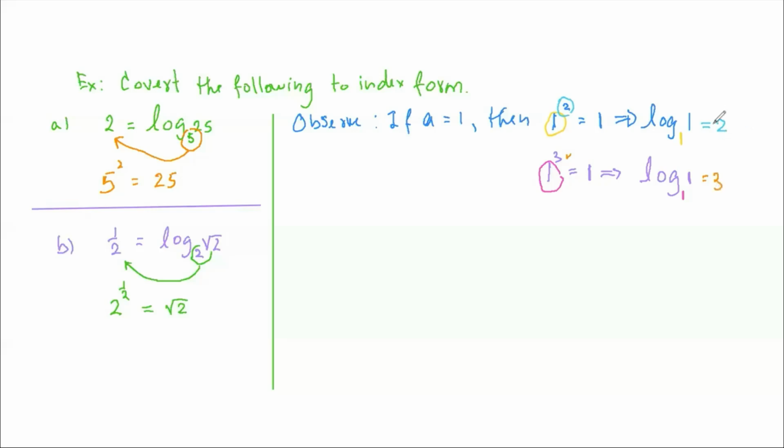Okay, now you observe these two cases. Log 1 base 1 equal to 2, log 1 base 1 equal to 3 is incorrect, right? It shouldn't be that way. So in this case, there is an exception. It can be the definition or can count as a formula of logarithm: log 1 base 1 does not have a definite value.